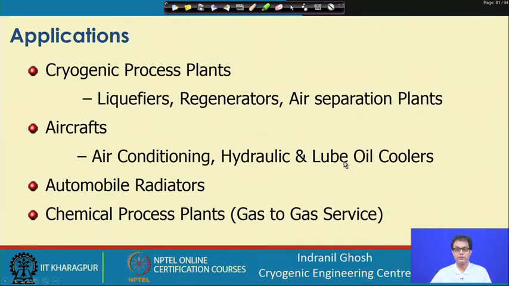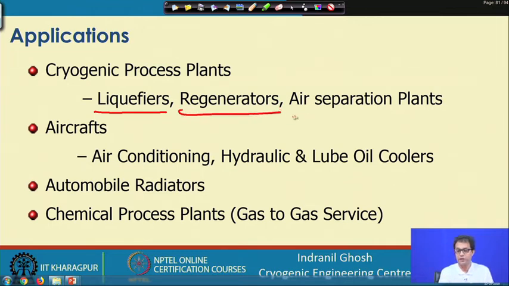Next is its application. Where are the places where we find its application? In most of the cryogenic process plants these days, cryogenic liquefaction plants, then air separation plants, then we have the regenerators, and as I told you, this is the air separation plant.